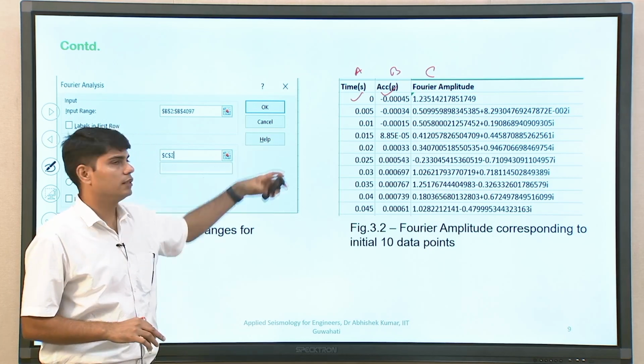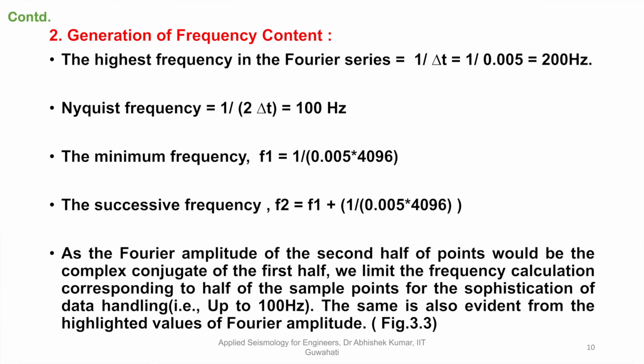Now, in order to find out the frequency content, we know that each point has been recorded at an interval of 0.005 seconds. Based on that you can find out the highest frequency of the motion, that is 1 over delta t. Delta t is the time interval within which each value of acceleration is recorded. For this particular record, it is 0.005 seconds.